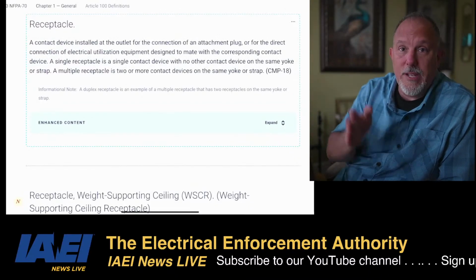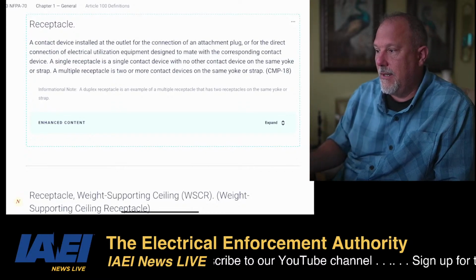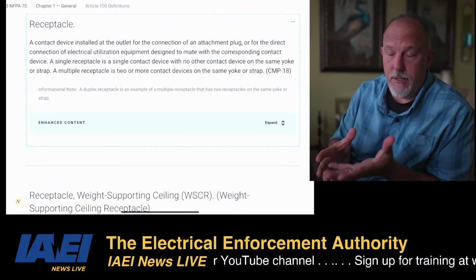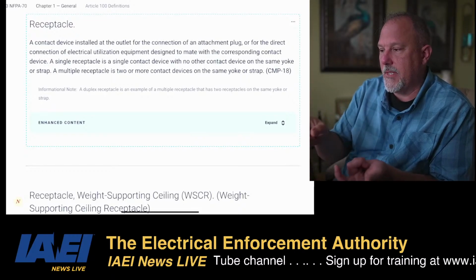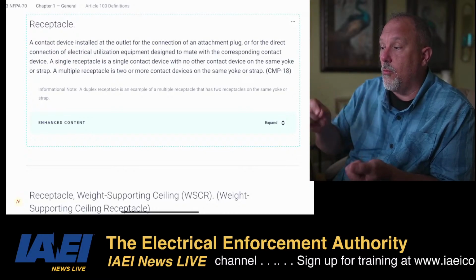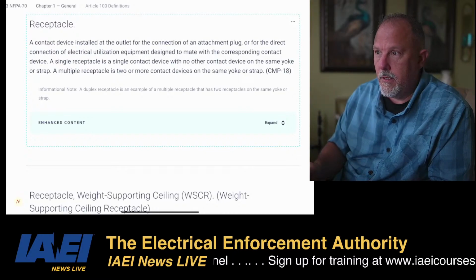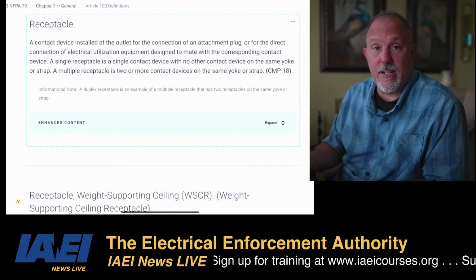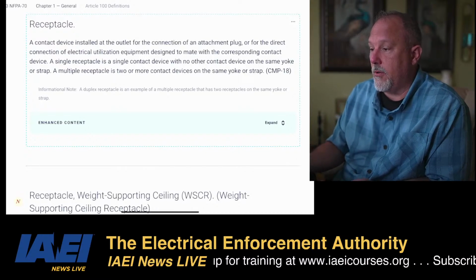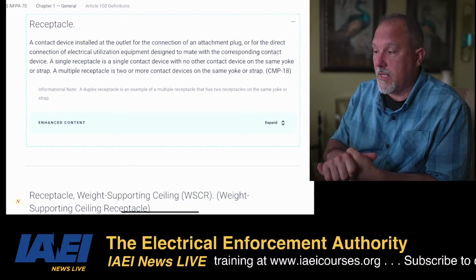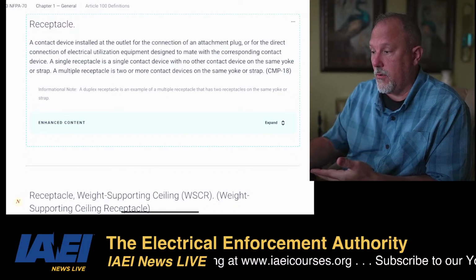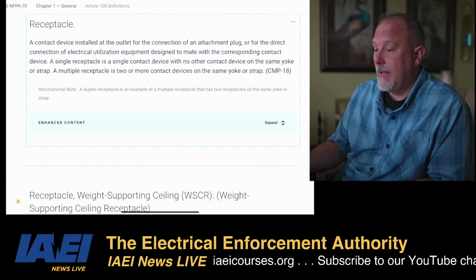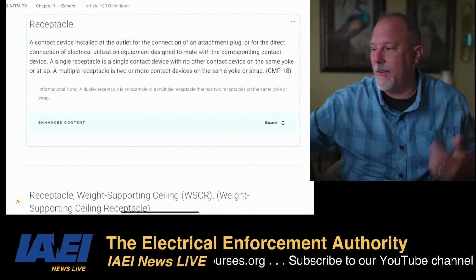So a receptacle is a contact device that's installed at the outlet for the connection of an attachment plug. So it's the contact device. And it says down at the bottom, a multiple receptacle is 2 or more contact devices. So that would be 2 or more receptacles because a receptacle is a contact device on the same yoke. And the informational note says a duplex receptacle is an example of a multiple receptacle that has two receptacles on the same yoke. That's sort of how I read it. I don't know.